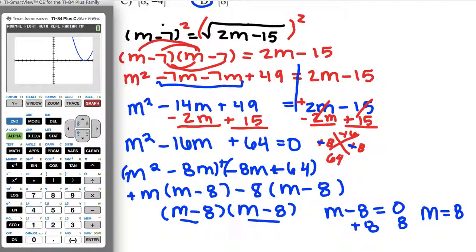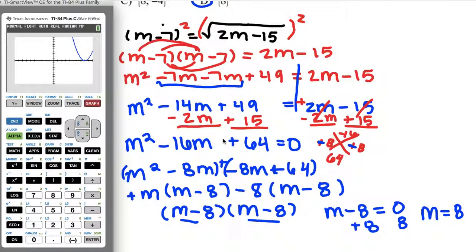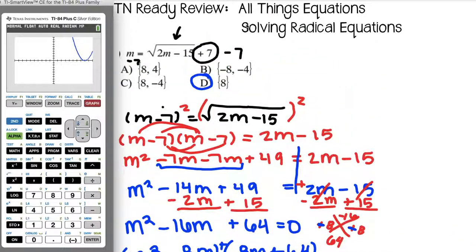So when I take a look at it, I'm going to make this bigger so we can see it. I see that it touches the x-axis at 8, so that tells me that 8 is my answer choice.